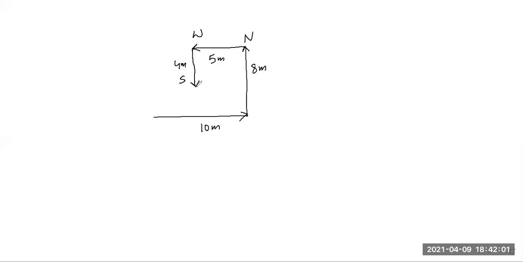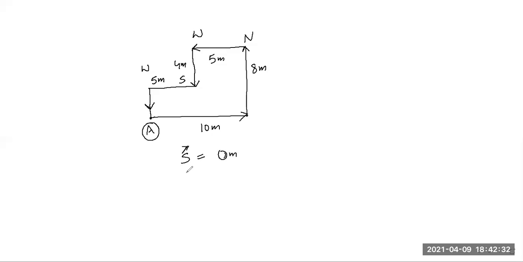And from there, he has again traveled 5 meter towards the west direction, and from this again he has traveled south and reached the same point from where he started. Can you tell what is the displacement in this case? Yes, 0 meter. Correct. Displacement is 0 meter.